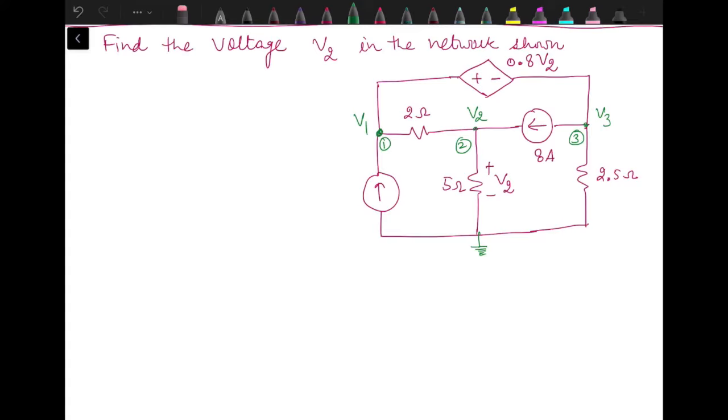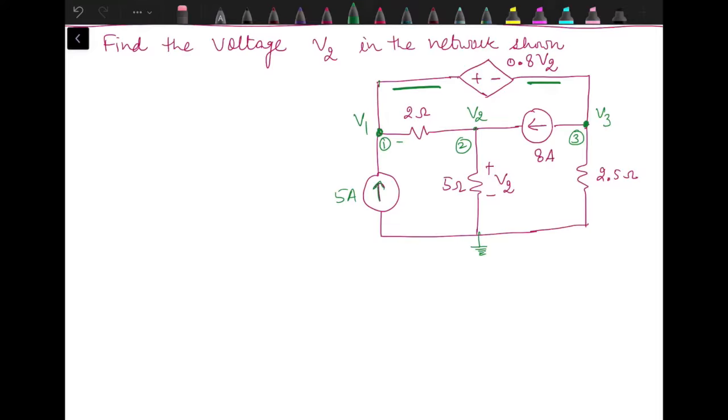Now when this current source supplies 5 ampere current, and we apply KCL to node 1, we can write the current in this branch, we can write the current in this branch, but we don't know the current in this branch because we have a voltage source in this branch. And the same problem is faced when we move on to node 3.